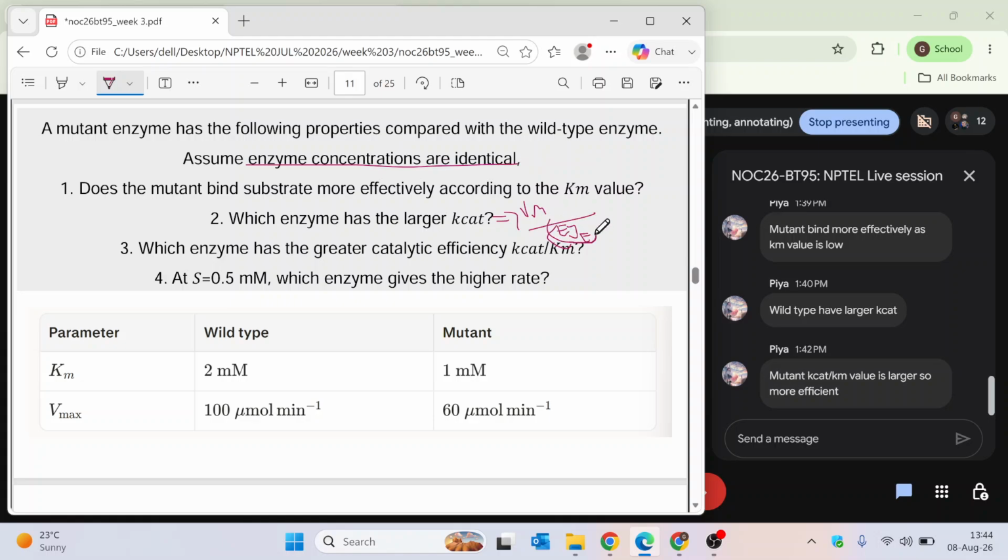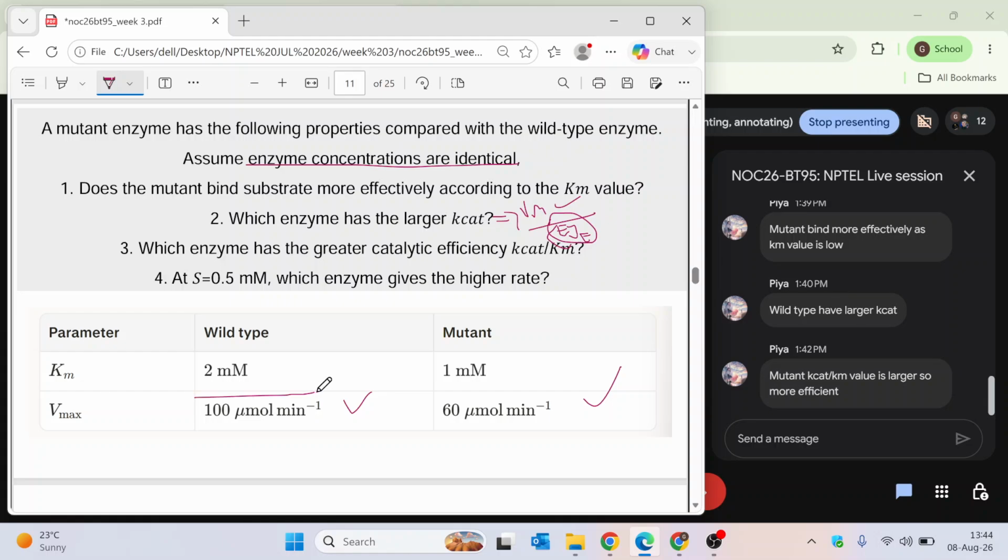So if this factor is going to be the same, then the only difference is going to be your Vmax. You have to directly compare your Vmax values given in the table, and the wild type enzyme has a higher turnover number than the mutant. So which enzyme has a larger kcat?